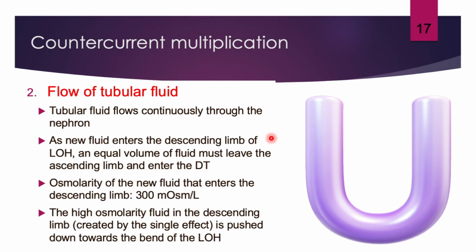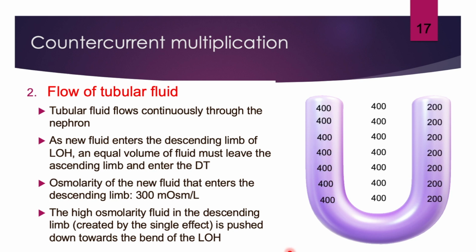Following the single effect is flow of tubular fluid. Tubular fluid flows continuously through the nephron, meaning new filtrates from glomerular filtration will enter the loop of Henle starting from the descending limb. So this is the initial osmolarity after the single effect. In the thick ascending limb, the osmolarity is 200 milliosmol per liter because of pumping out of the solutes into the interstitium.